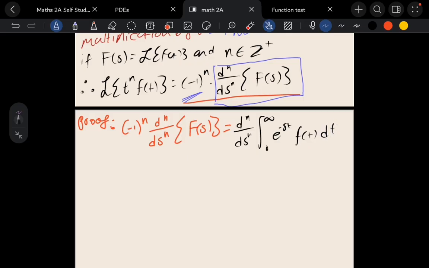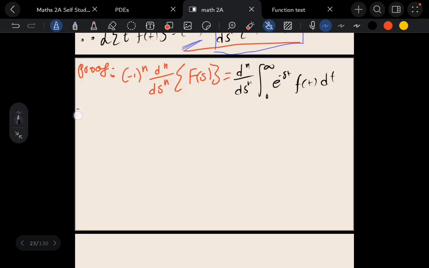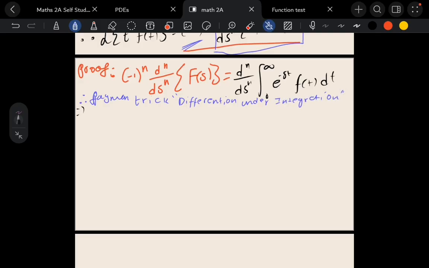Now, it seems like you are stuck here and there is nothing that you can do. Really, you can do something here. We are going to look at something called Feynman's trick, which is differentiation under integration. But this one is quite easy.